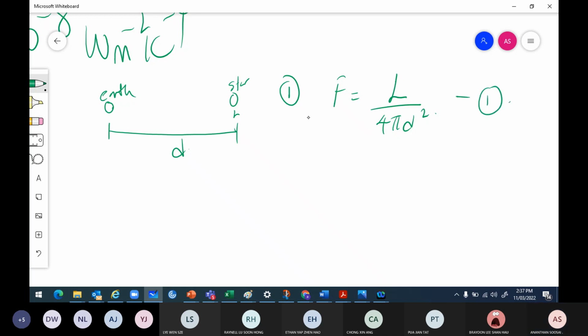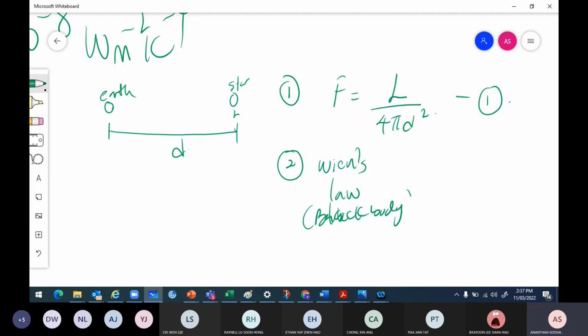Okay. So the second formula you learned is Wien's law, right? Wien's law talks about the black body radiation. If you have a black body with a surface temperature of T, then it gives out EM radiation due to its thermal energy.